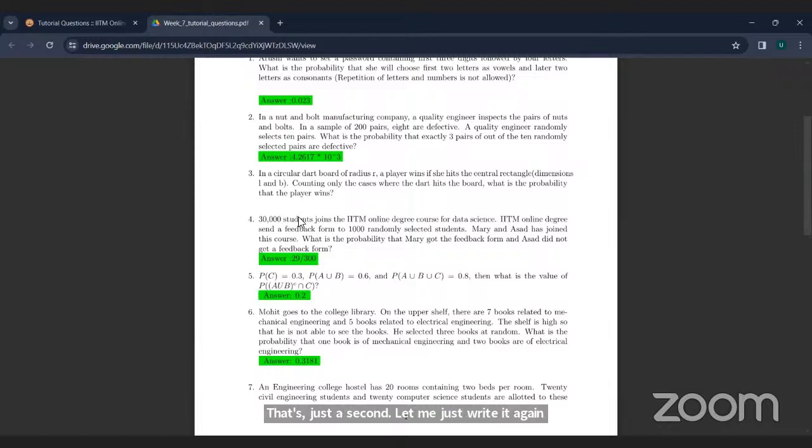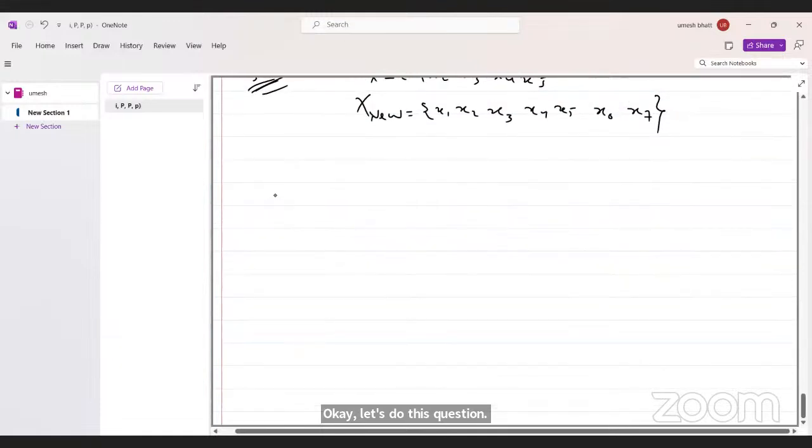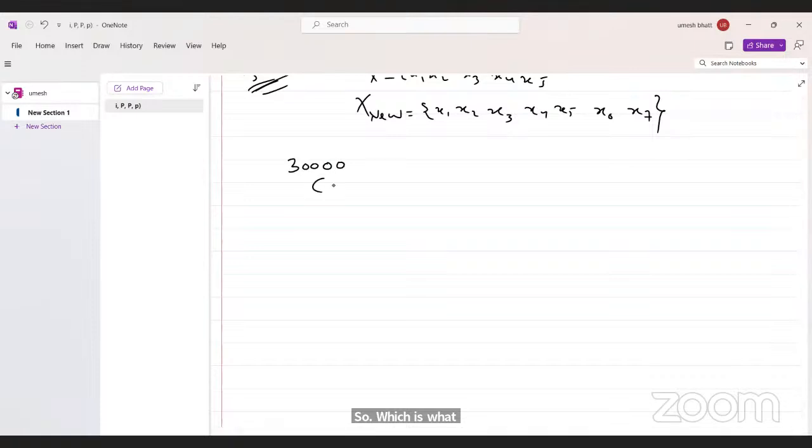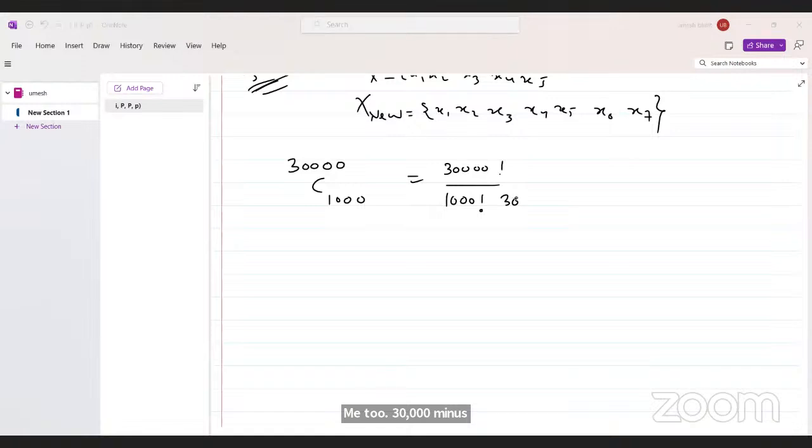Let me write it again. Okay, let's do this question. Now we have 30,000 C 1,000, which is 30,000 factorial divided by 1,000 factorial into (30,000 minus 1,000), that is 29,000 factorial. Is that 30,000 or 3,000? It's 30,000, sir.